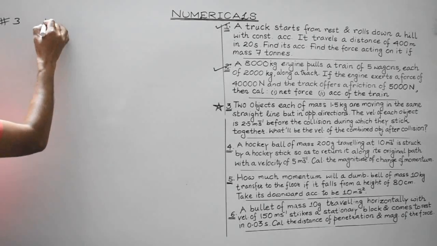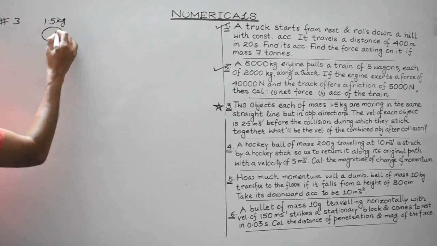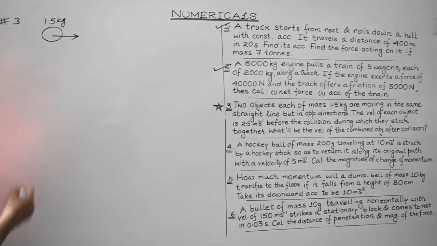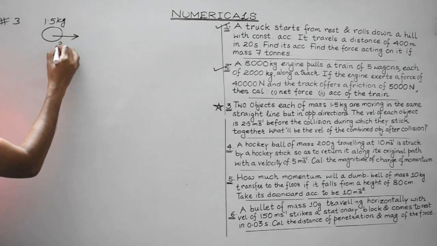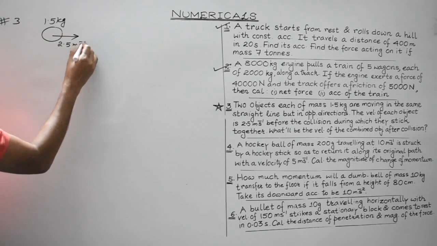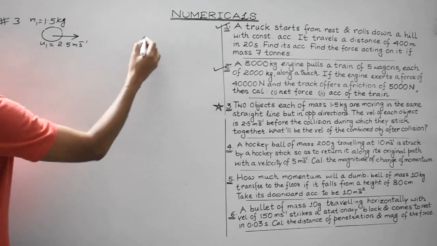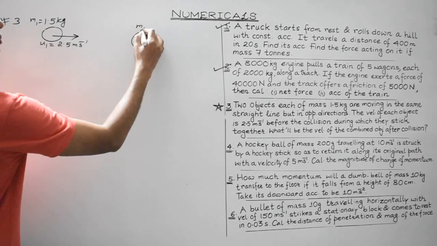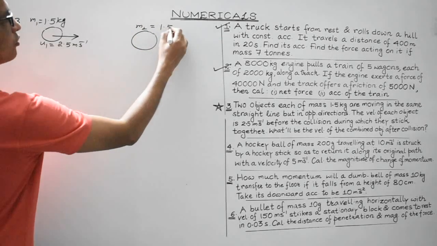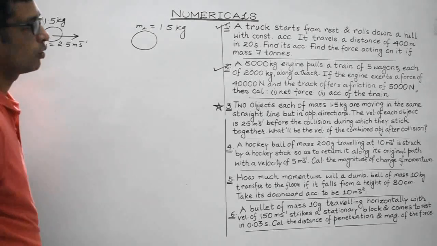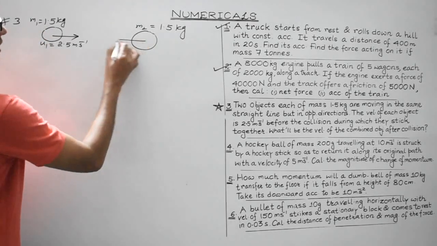This is a body of mass 1.5 kg. The velocity of each object is 2.5 meter per second. This is m1, and this is u1, suppose. This is another body of mass m2, identical, that is, it will also have a mass of 1.5 kg. They are moving in the opposite direction.